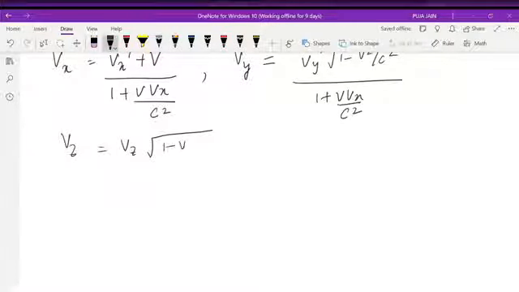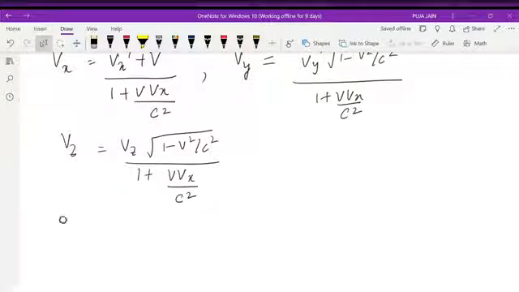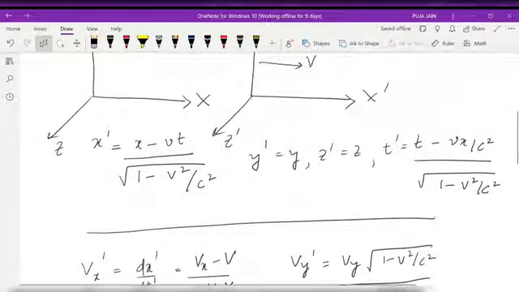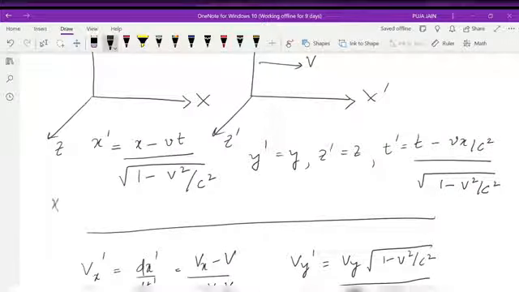Also, we will have the transformation equation in our x, y, z and t, in case of the Lorentz transformation equation. Again, x can be written as x dash plus vt by root 1 minus v square by c square.